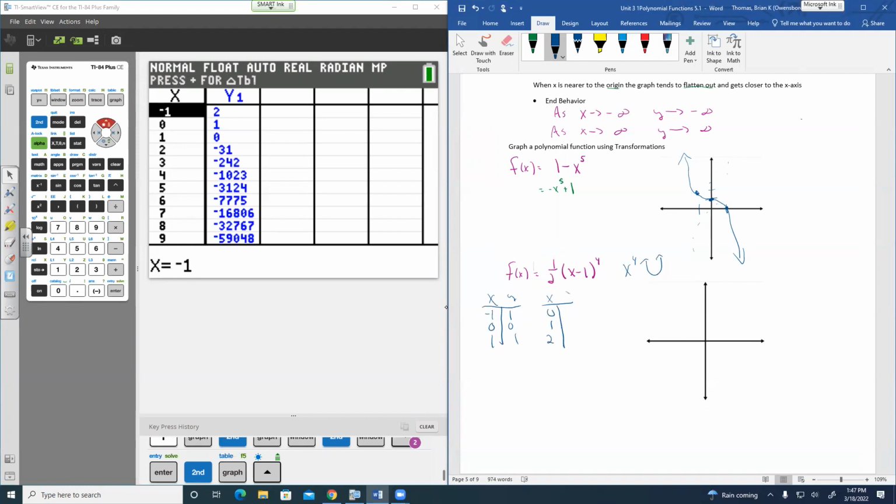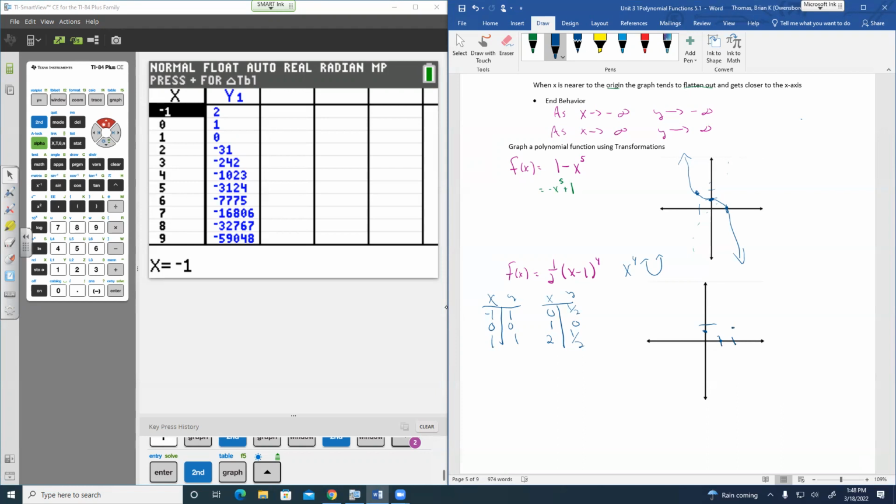The 1/2 would compress my y values because you have to multiply the y values by 1/2. So that turns into a 1/2, 0 times 1/2 is still 0, and 1 times 1/2 would be 1/2. So if I plot those 3 points, you have 0, 1/2 located here, 1, 0 located here, and 2, 1/2 located here.